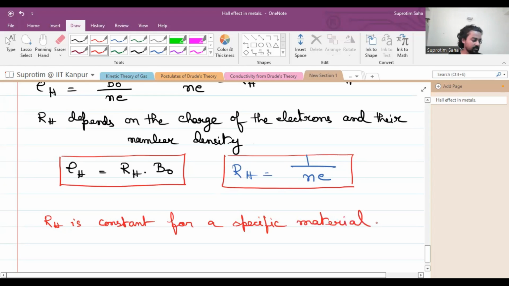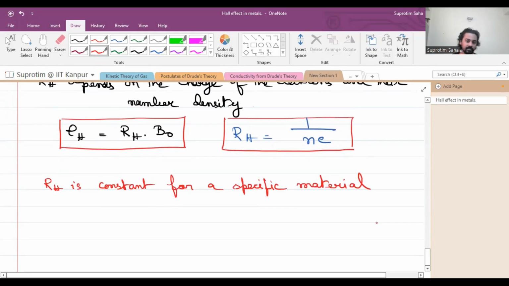So if you know R_H, you measure the Hall voltage to get an estimate of the magnetic field. You calibrate it with the Hall voltage. You don't know the magnetic field? No worries. You have the Hall voltage in hand that you can measure with the Hall sensor. That will give you the calibration curve and you can know the magnetic field.